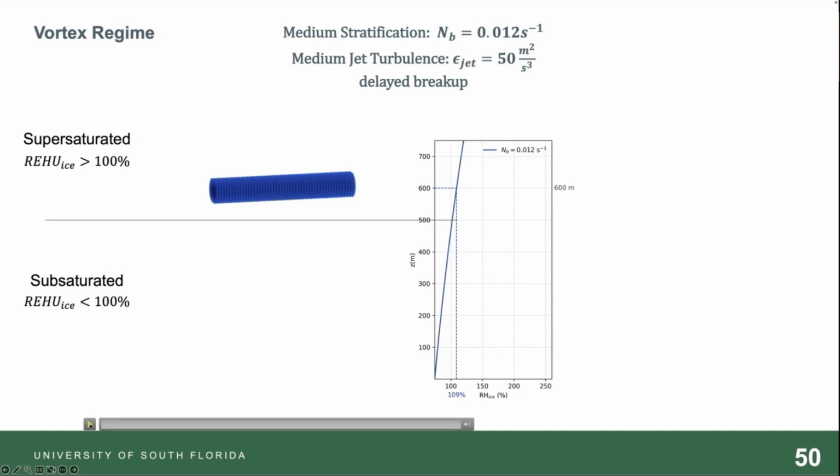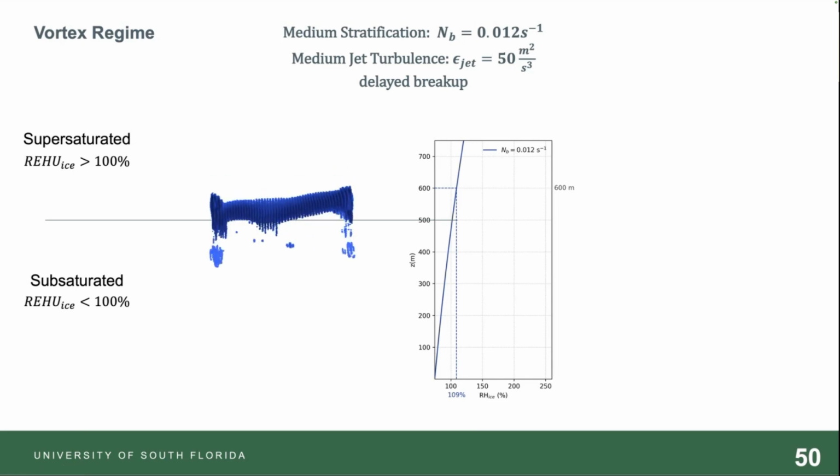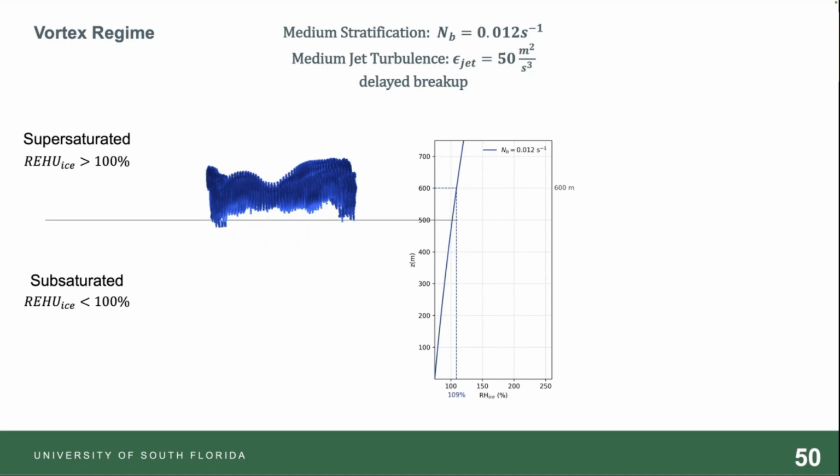And what we're expecting, and I'll just play the video, is that as the contrail descends and reaches those subsaturated regions, that is where we get sublimation. And essentially those ice crystal populations in the subsaturated regions start to diminish. And then that secondary wake that we saw carries some of that water vapor, some of those ice crystals, back up to cruise altitude where it's supersaturated.